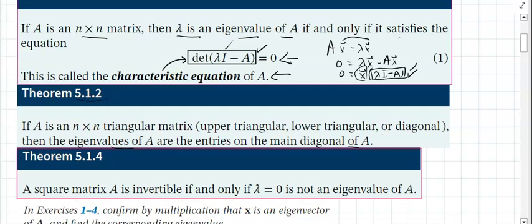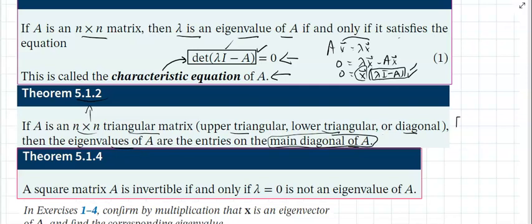Theorem 5.1.2 pretty much says what you already know. If you have a square matrix, and that square matrix is triangular, whether it's upper triangular, lower triangular, or just diagonal, then the eigenvalues of lambda are the entries on the main diagonal.